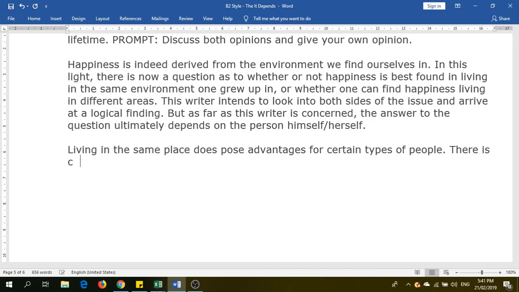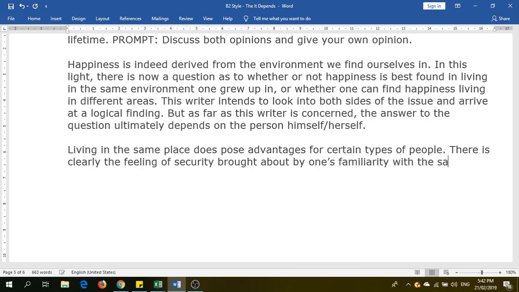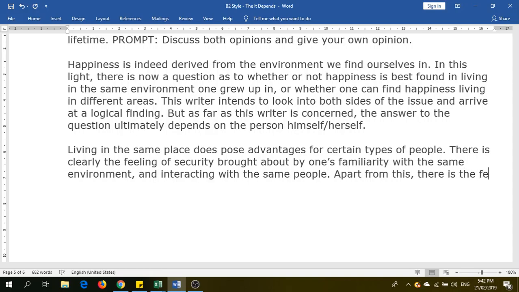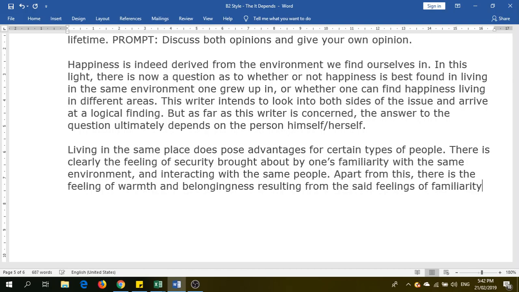There is clearly the feeling of security brought about by one's familiarity with the same environment and interacting with the same people. Apart from this, there is the feeling of warmth and belongingness, resulting from the said feelings of familiarity.